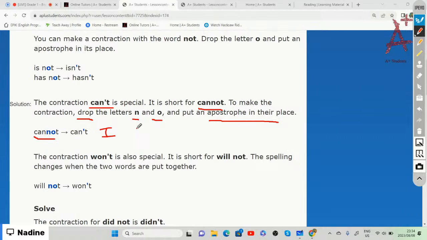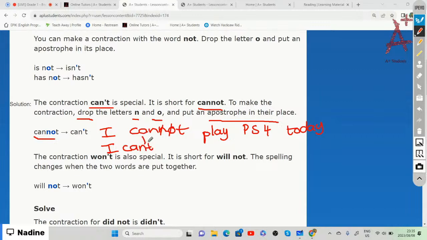So I cannot play PS4 today, right? So I can't play my PlayStation 4 today. So instead of saying cannot, we're going to drop the N, we're going to drop the O, and then we say I can't.